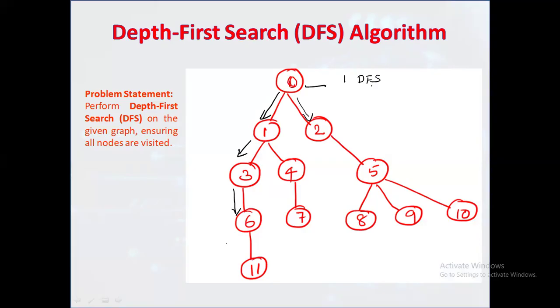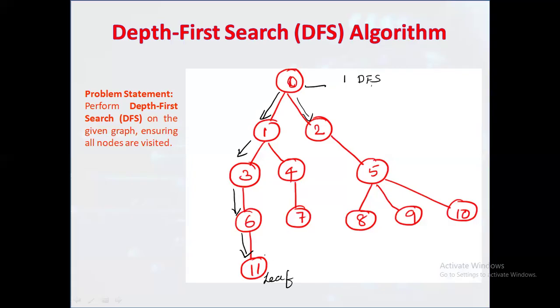And step 5 is to move from 6 to node 11. This 11 is a leaf node. Once it reaches a leaf node, backtracking should be done. Node 11 is a leaf node, meaning it has no children.